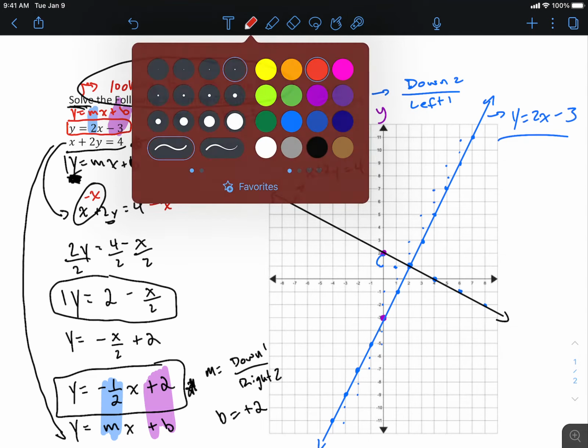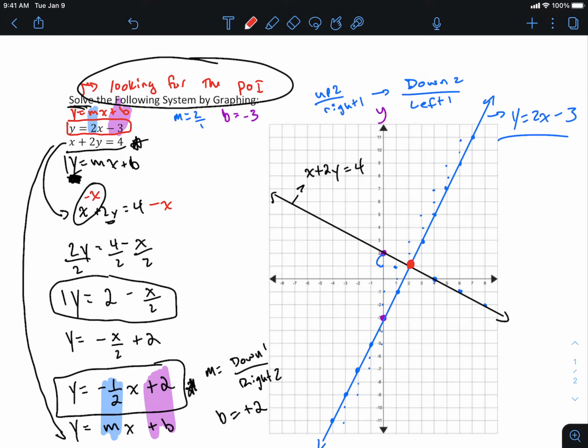They cross right here, at the point. Remember, it always goes x and y. We go out to 2 in the x direction, so it's 2. And how far up do I go? 1. That's your point of intersection.